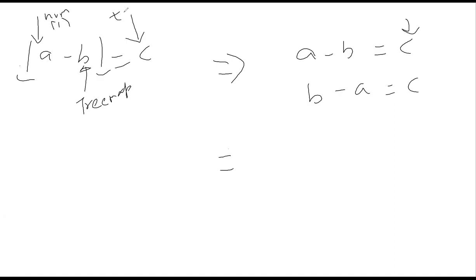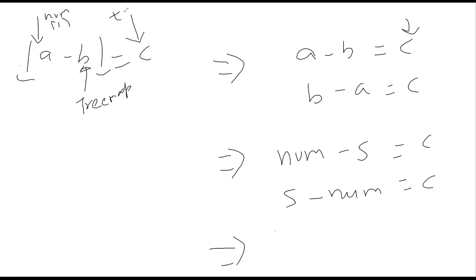Let me write it as num minus search element equal to C, or search element minus num equal to C, which gives us what we have to search for: one is num minus C, and the other element to search for is C plus num. Right?